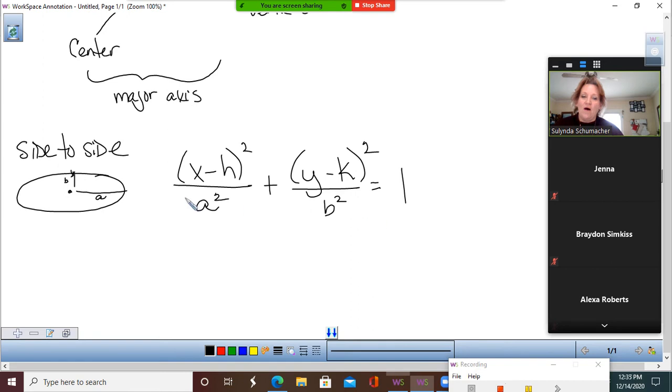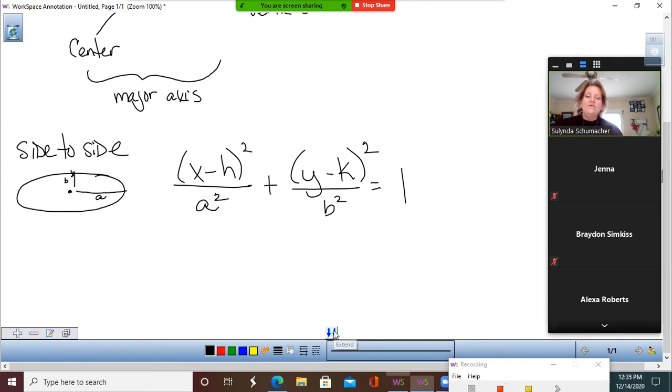If I ignored the a squared and the b squared, we have the equation for a circle. This a squared and b squared on the bottom is what stretches our circle into an oval shape.